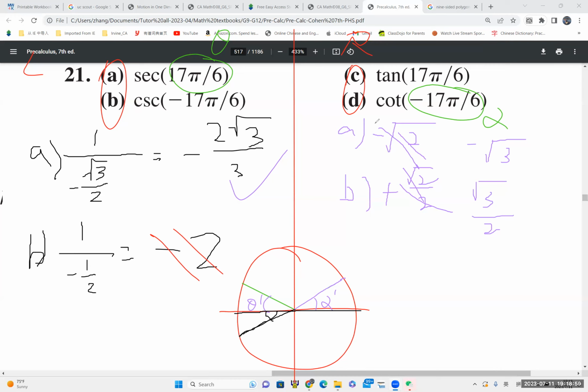If it starts from here, this is negative 2 pi minus 5 over 6 pi, correct? Negative 2 pi you can ignore because it means a full circle. But negative 5 pi over 6 is less than pi. I got it wrong. So it's here. Then let me check.